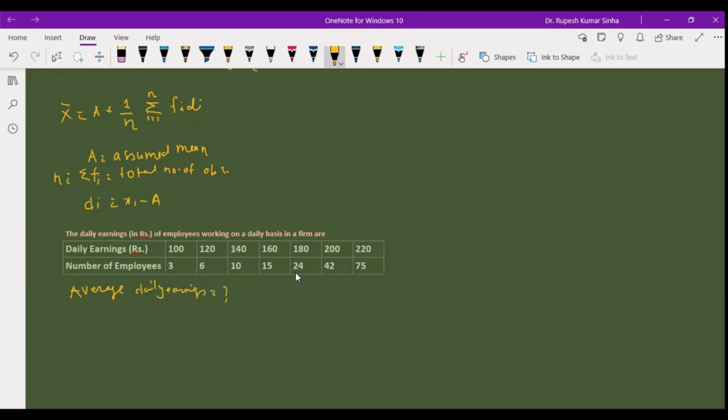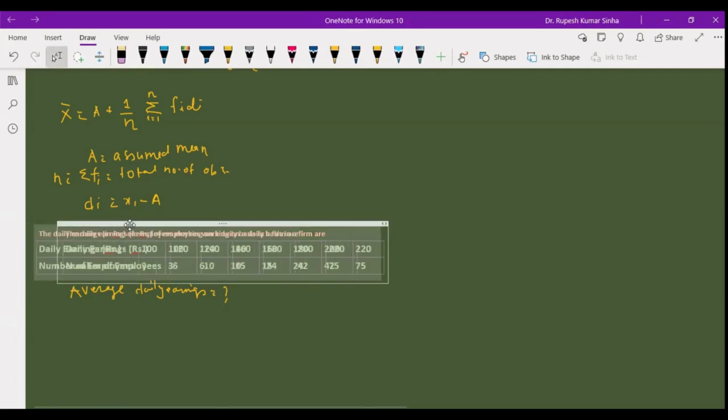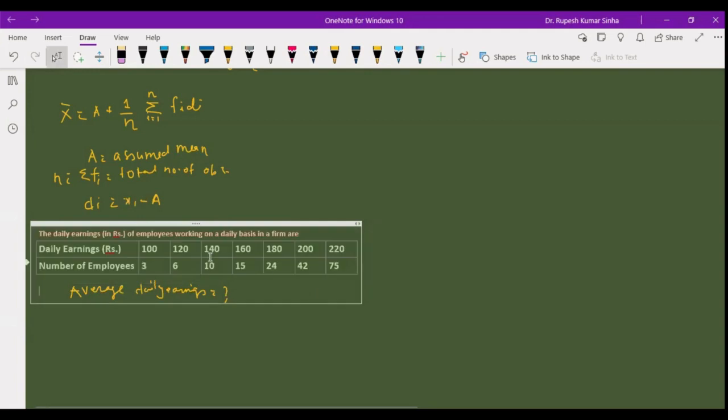This is what we are required to find out. So in order to solve this, we are going to find out first di and then we will calculate Fi di.